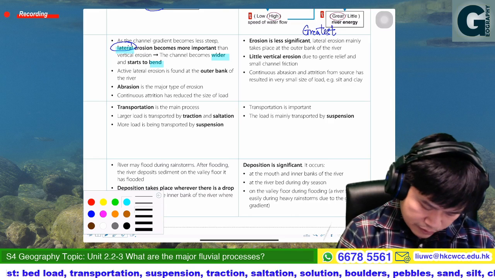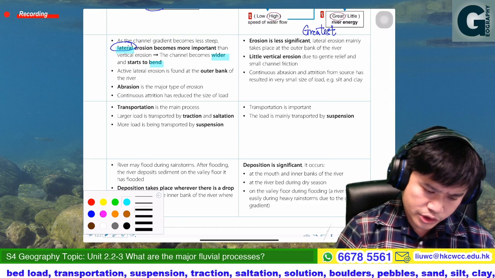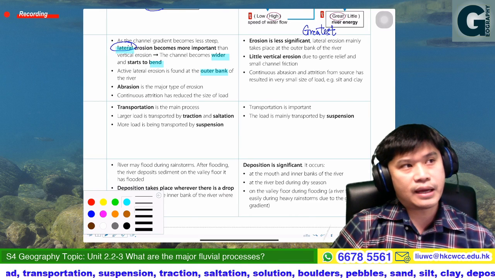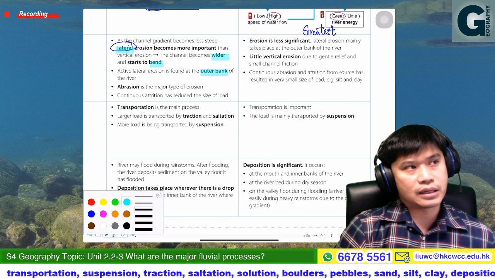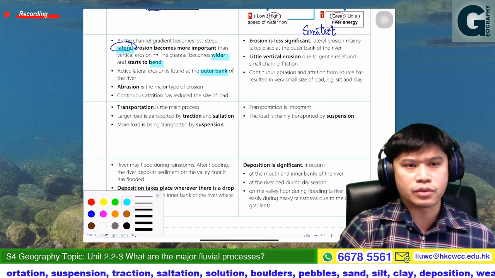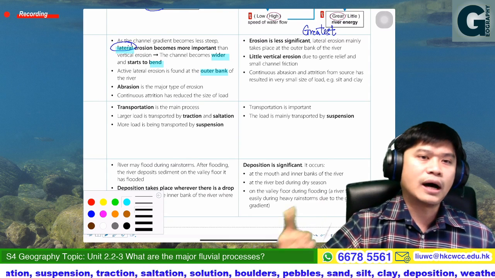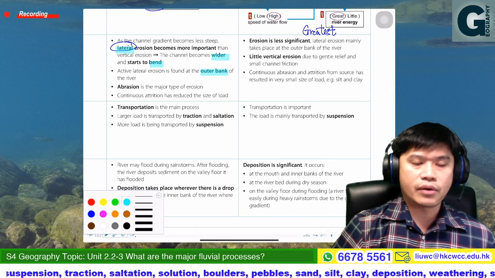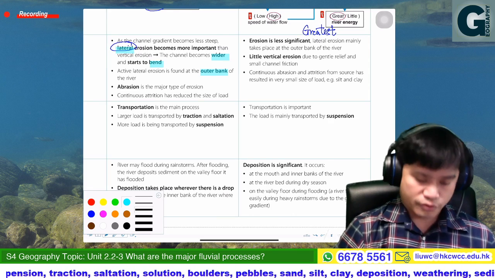And then active lateral erosion is found in the outer banks of the river. Outer bank, if we use Chinese to express this, you may understand, 一個外灣啦，outer banks, inner banks 一個內灣啦。Okay, so I will explain this in Unit 2.3.